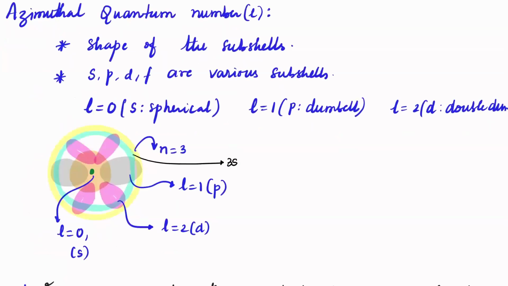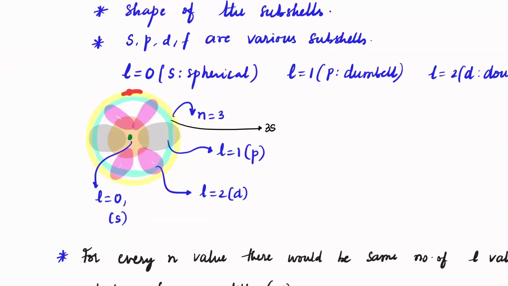So notice, for example, n is equal to 3 is a boundary line, because the principal quantum number defines the boundaries, or the spherical shells, correct? So if n is equal to 3, then within 3 you'll identify three different shapes.